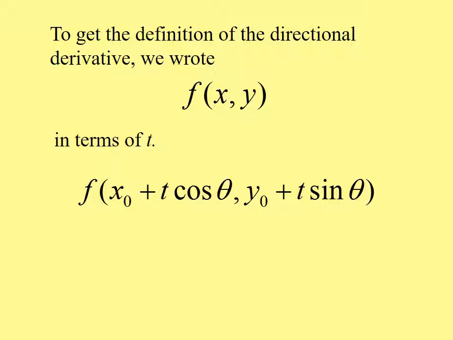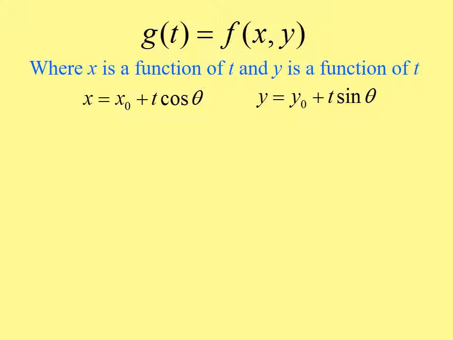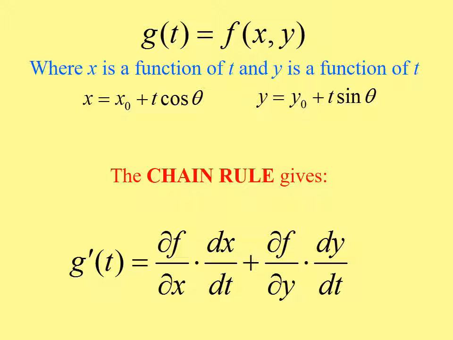Now let's change this up a little bit. So here is what we used in our definition for our directional derivative. We're going to refer to this function as the function g, and notice g is a function of t. So we're going to do the chain rule on this like we did in the previous section.